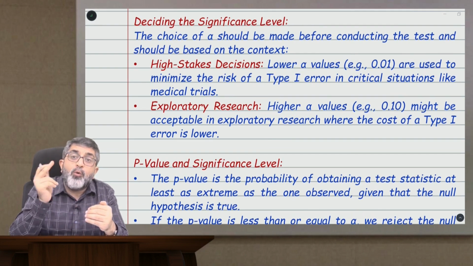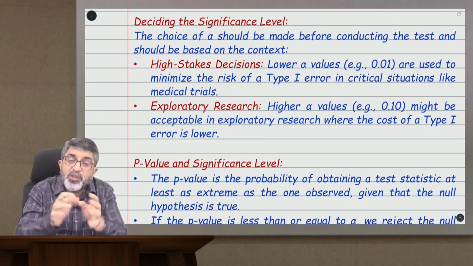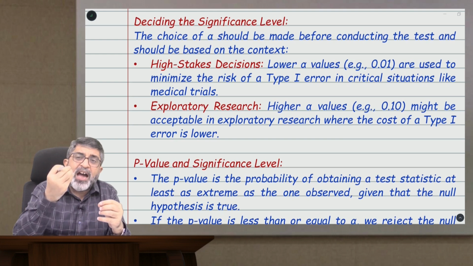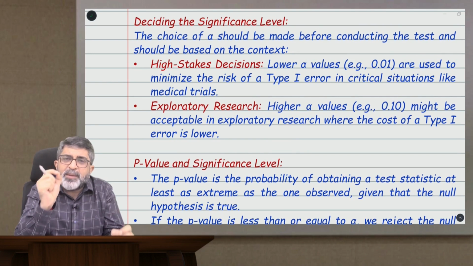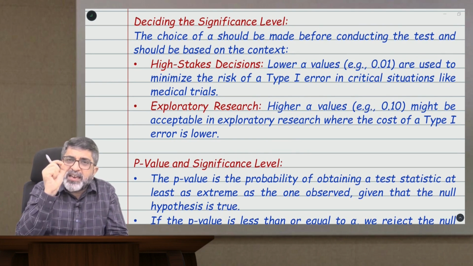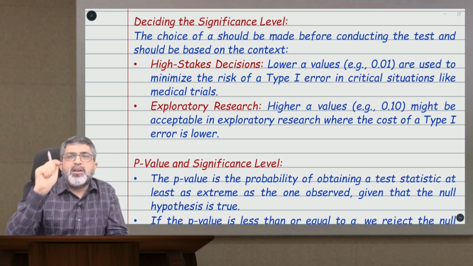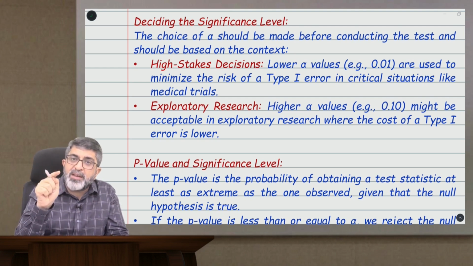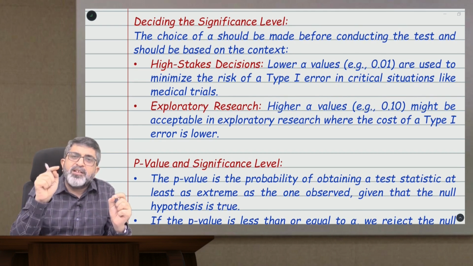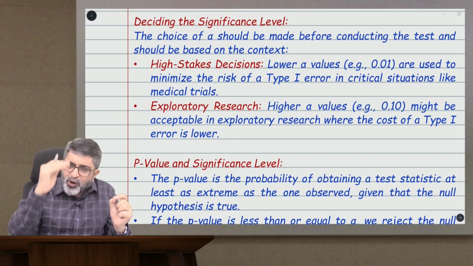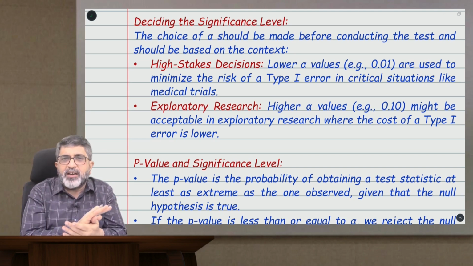We would want to avoid it. That is why when the decision is extremely critical, where there is a high stake involved, the significance level should be very thin. That means a very low significance level, very small scope you are giving for rejection of the null hypothesis. Because you are giving very small scope for rejection of the null hypothesis, the probability of type 1 error also reduces. We would always want to minimize the type 1 error.